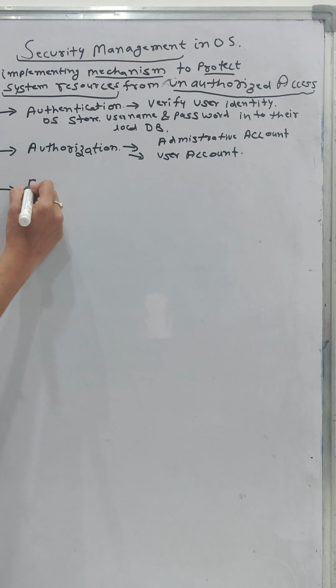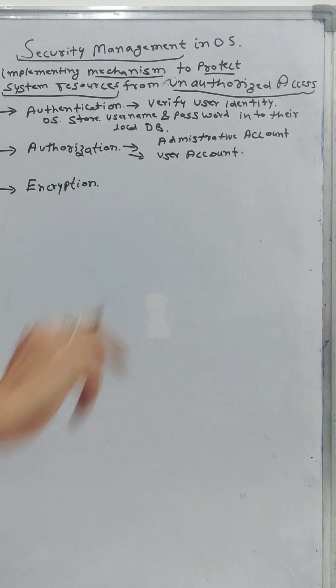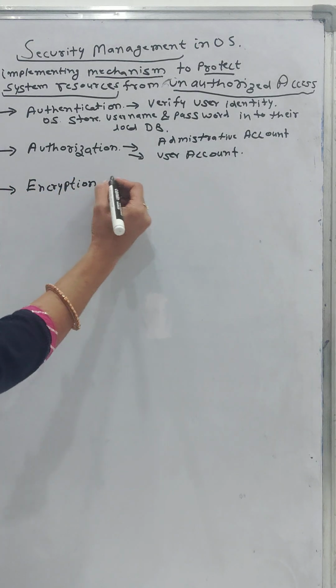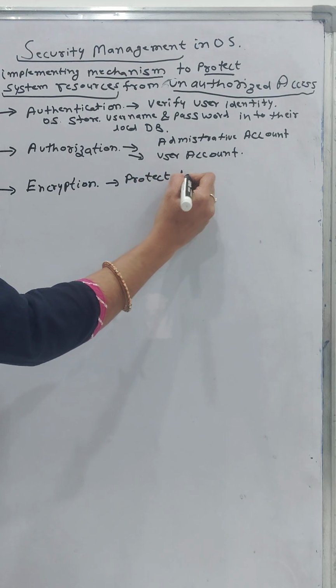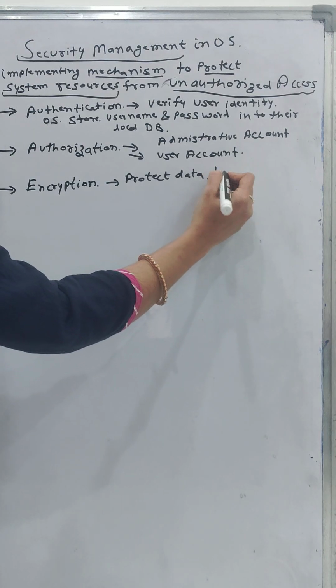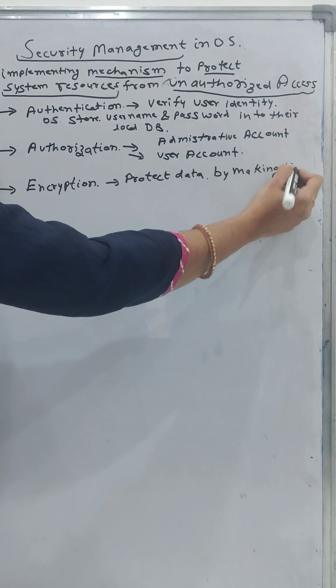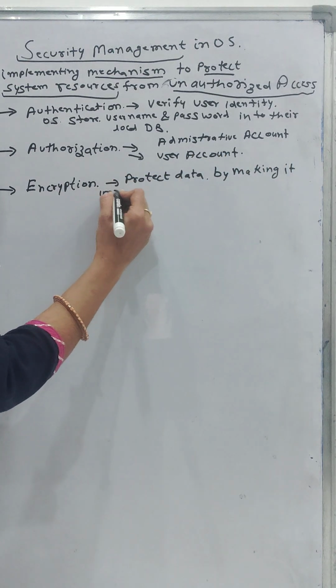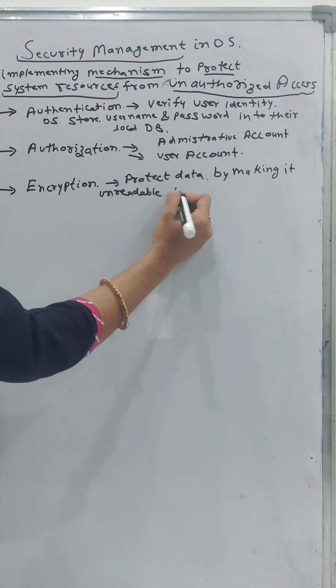Now the third one is encryption. Encryption is basically to protect data by making it unreadable without the correct key.